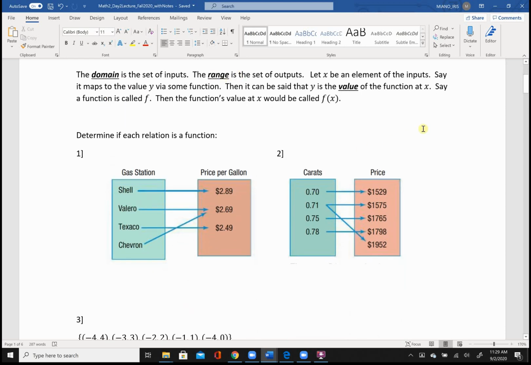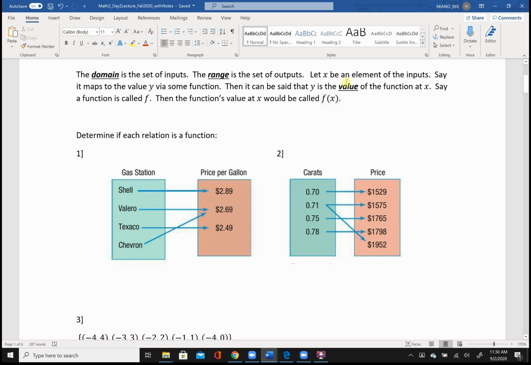So if x is an element of the inputs and y is an element of the outputs, then we would say that each element in the inputs or in the domain maps to exactly one element in the range in order for it to be a function.